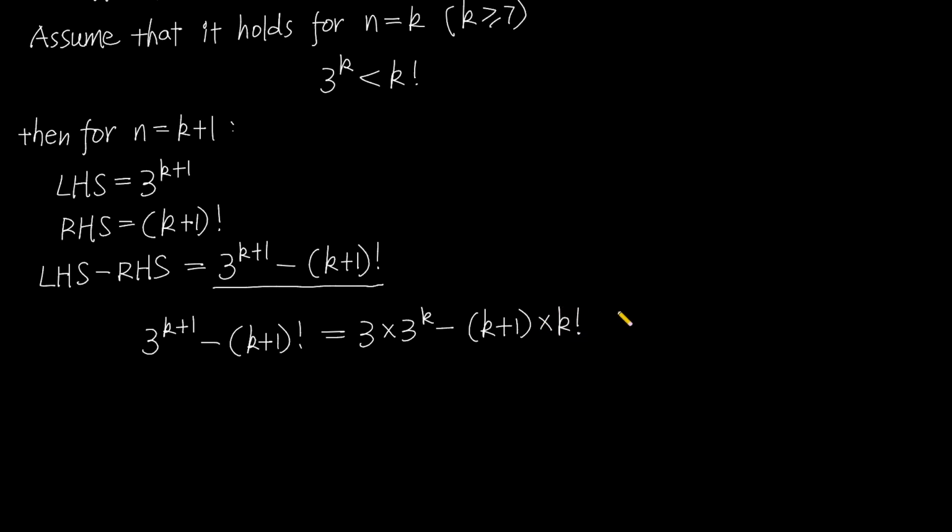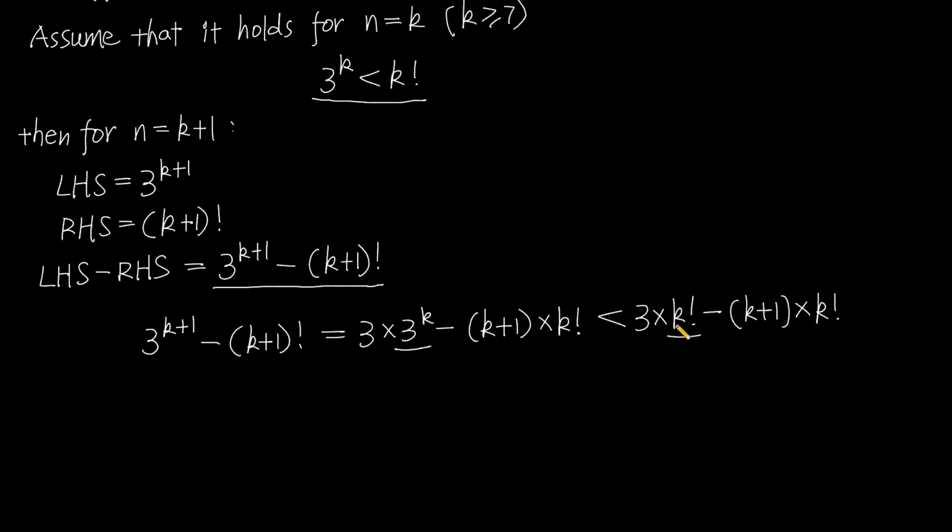And this is smaller than 3 multiplied by k factorial minus k plus 1 multiplied by k factorial. The left is smaller than the right because 3 to the power of k is smaller than k factorial, since here we assume that this one holds.